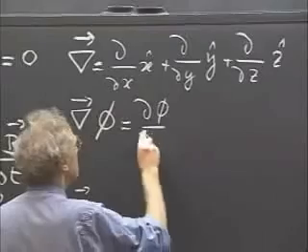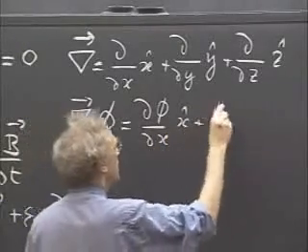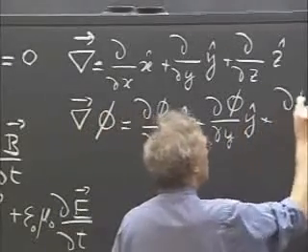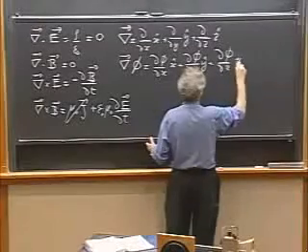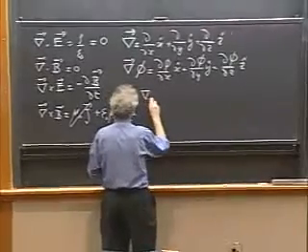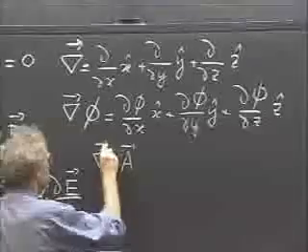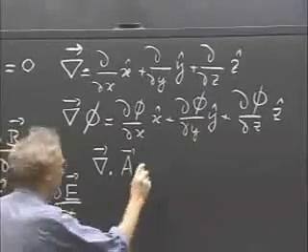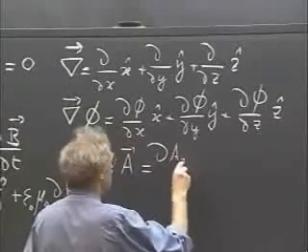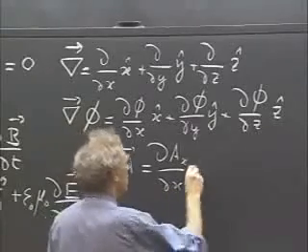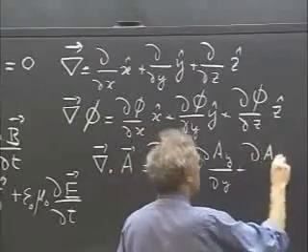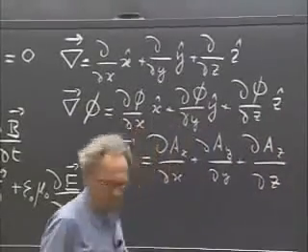That is d phi dx, x roof, plus d phi dy, y roof, plus d phi dz, z roof. And then we have the divergence of a vector A. That itself is a scalar, and that is dax dx, day dy, daz dz.